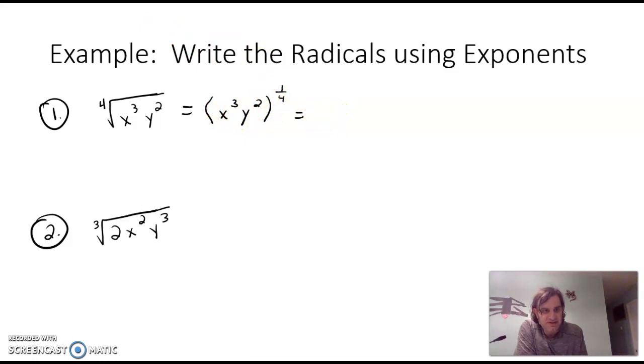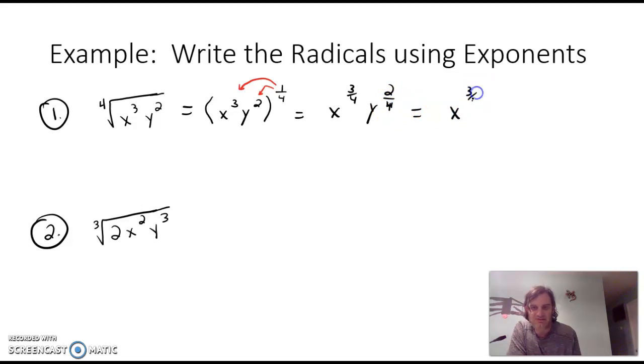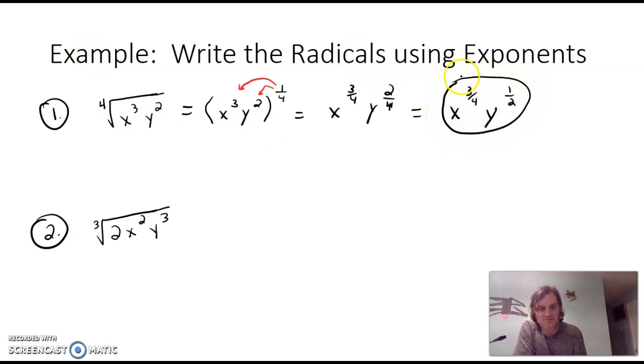So remember that this 1/4 will be multiplied times the 3 on the x and the 2 on the y. That gives us x to the 3/4 and y to the 2/4. And if you have a fraction that could be simplified, you simplify it. So we'll write that as x to the 3/4, y to the 1/2. Okay, that's in exponent form.